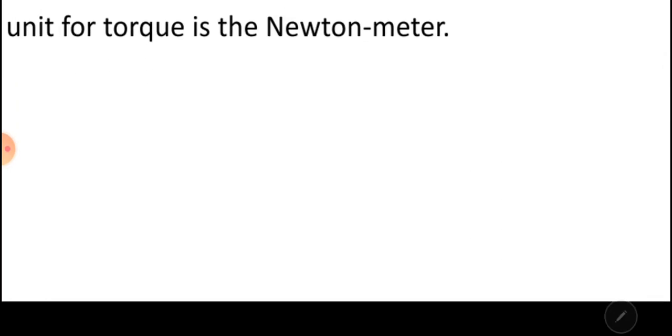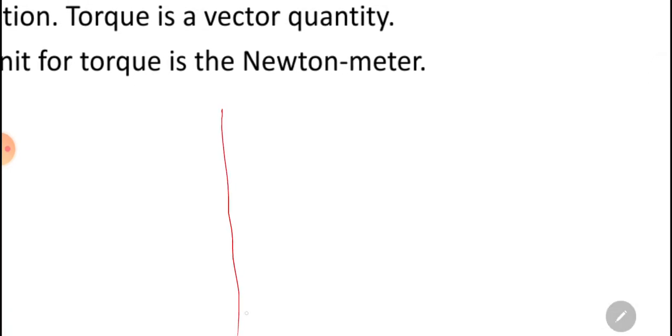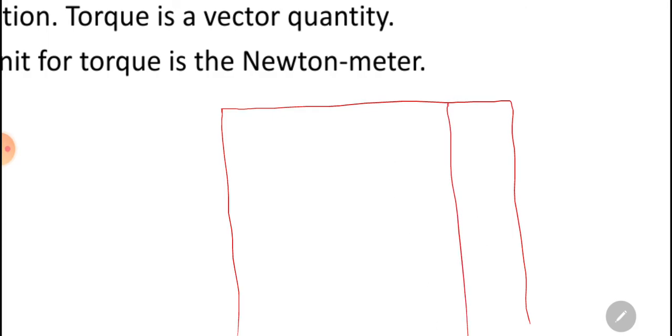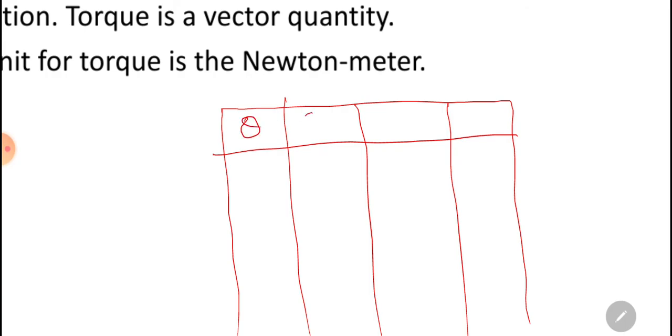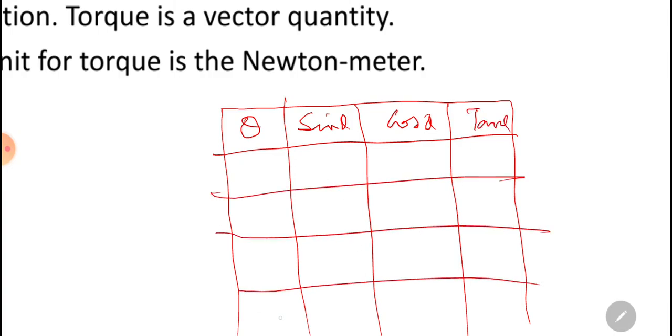Let's write the trigonometric ratio. This is theta, this is sine theta, cos theta, tangent theta. Make the column 0, 30, 45, 60, 90.